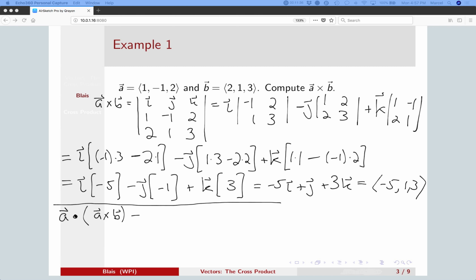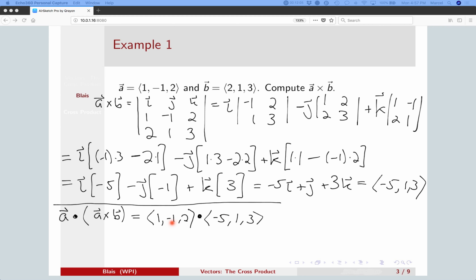So A is the vector 1, minus 1, 2, and A cross B we just computed as minus 5, 1, 3. And remember, when we do a dot product, we multiply the individual components and then add those products. So first component, 1 times the first component, minus 5.